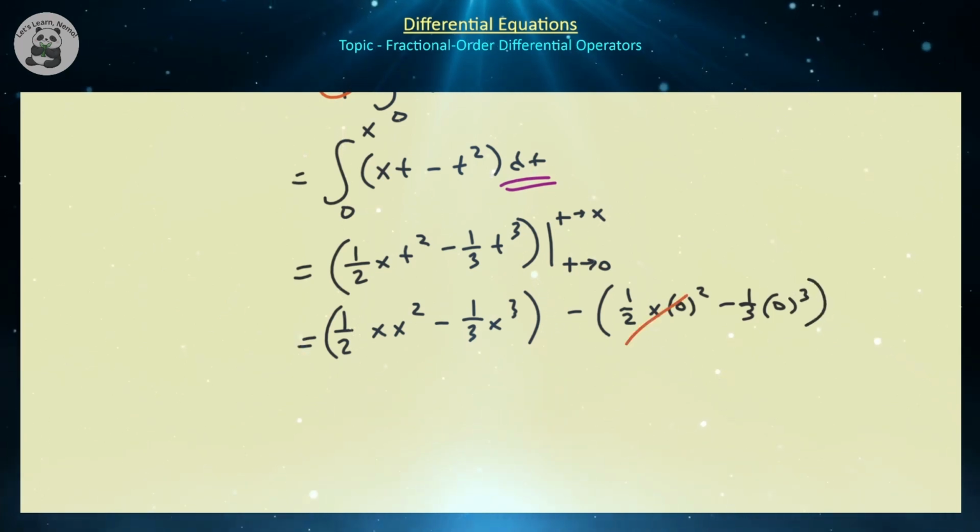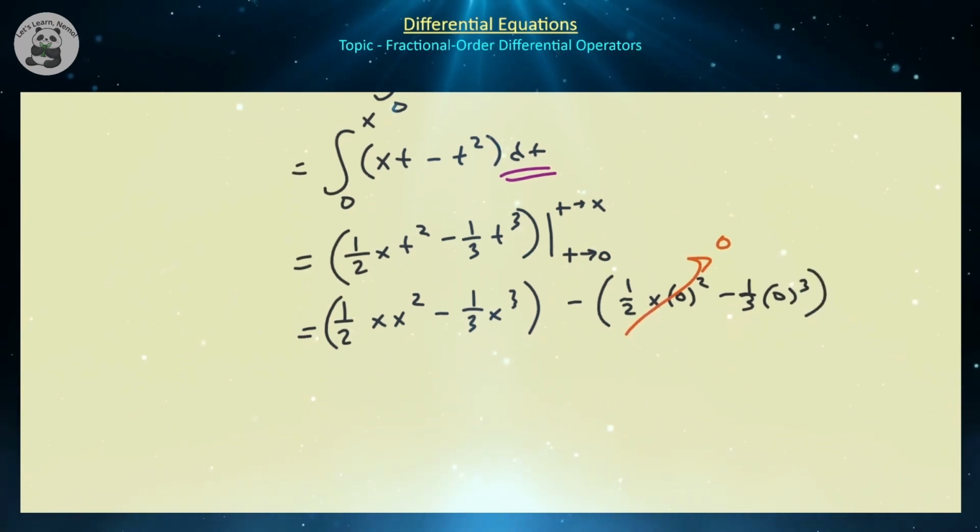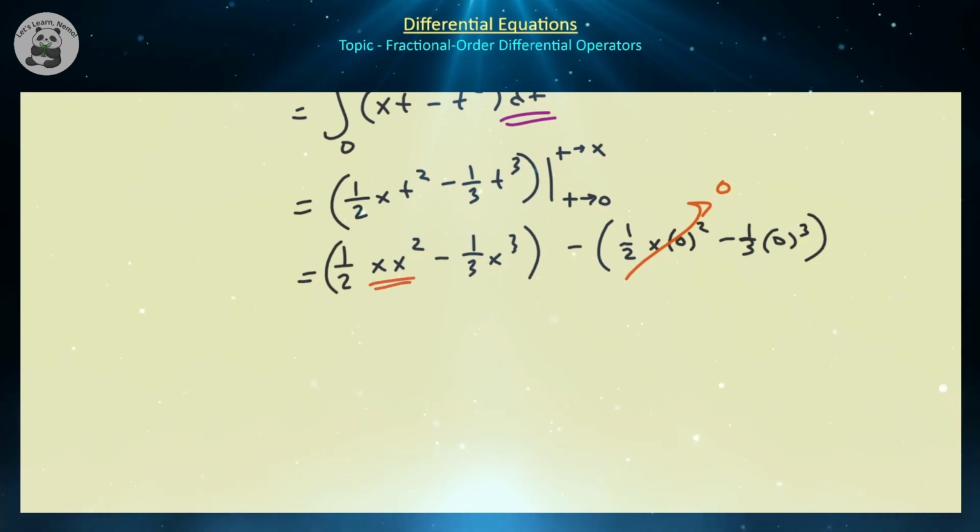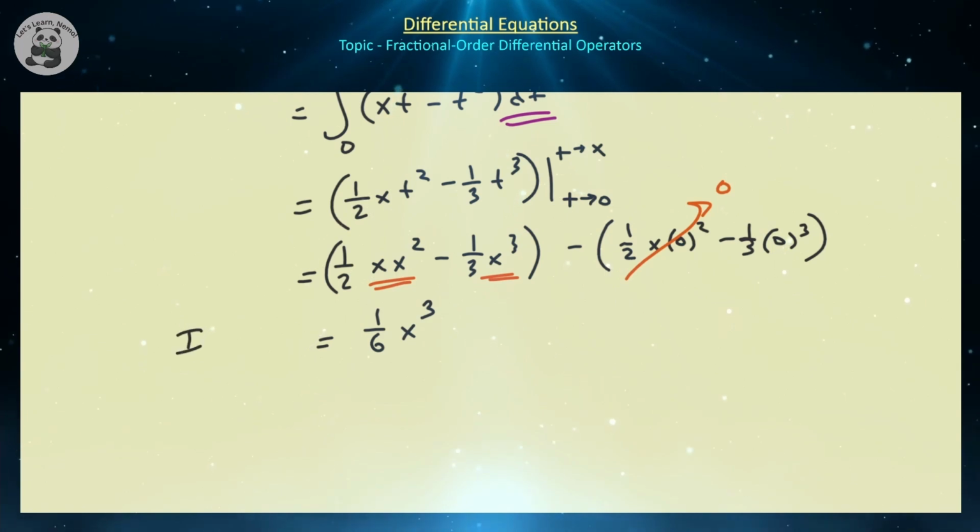That entire last term is going to be equal to 0, as we probably already know. And then here we have x cubed times 1/2 minus 1/3, and that's going to be equal to 1/6 x cubed. And that is the second order Riemann-Liouville fractional integral of x.